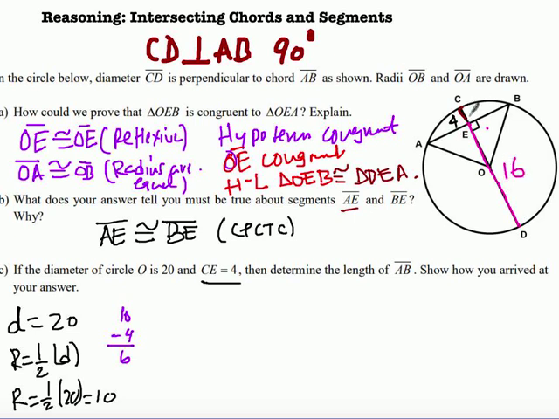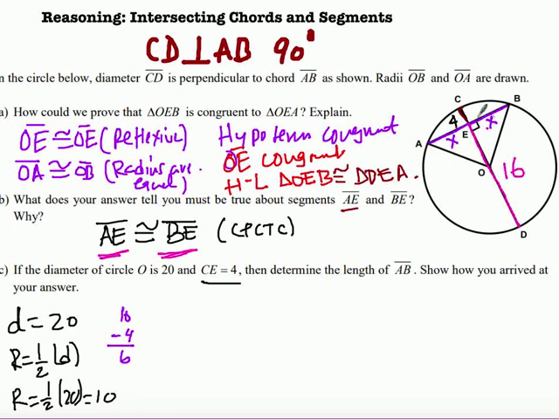This gives positive 4. Now these two distances are congruent, AE is congruent to BE, so we're going to call this X. If this is X, then this must also be X because they're congruent. Now we have the 4 segments of the 2 chords that intersect.